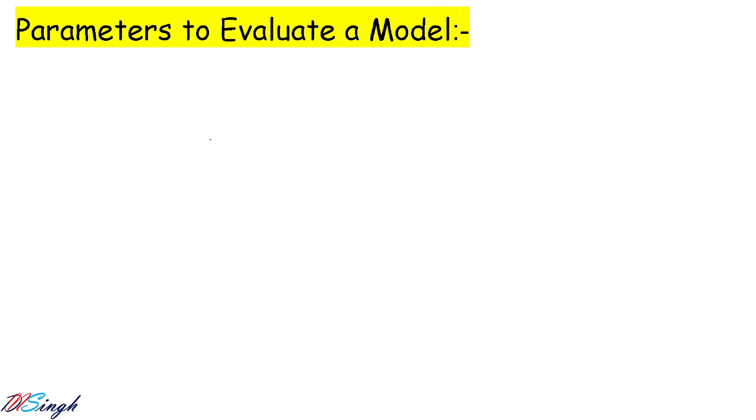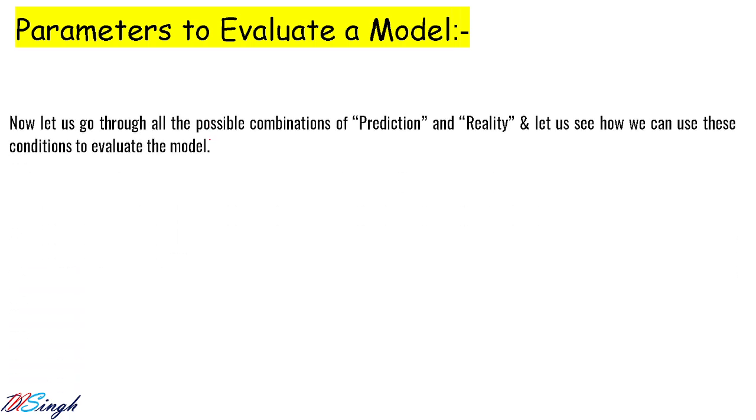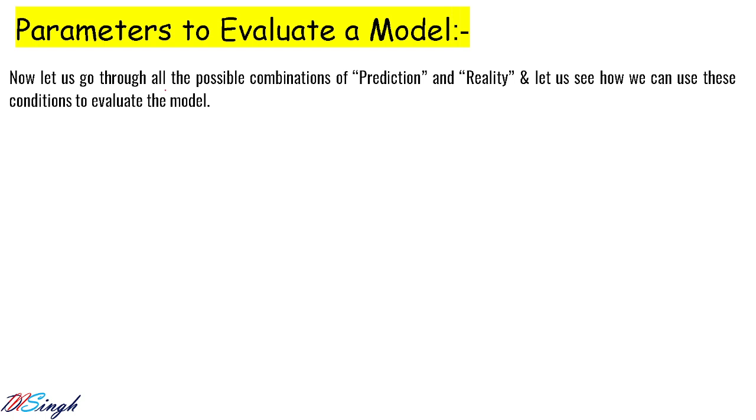So what are the parameters for evaluation? Let us see. Now let us go through all possible combinations of prediction and reality. So what is prediction and reality? Prediction is the output of our AI model which we have created, and reality is actually what the situation is, as we human beings know.